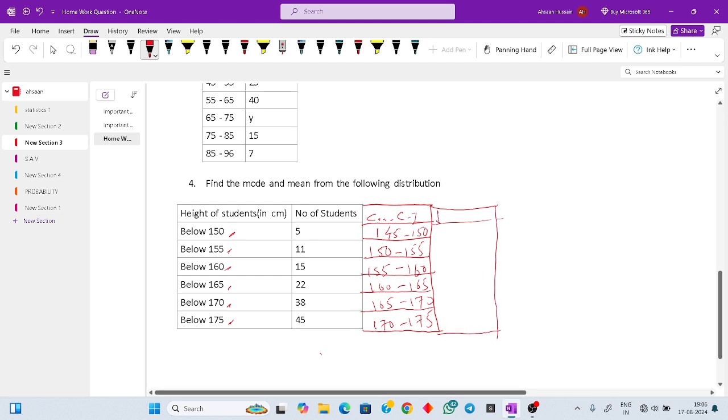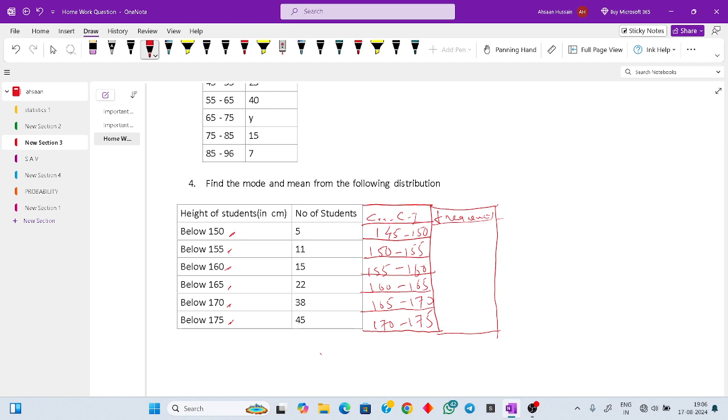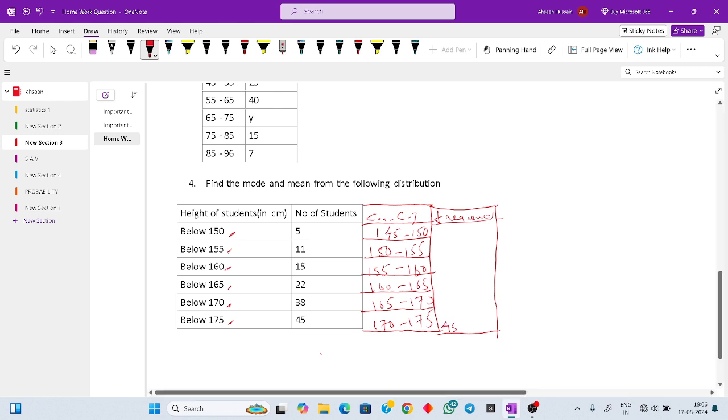So the frequency will be, now it is a below question, right? So you have to subtract from below. So 45 minus 38 will give how much? 7. Then again 38 minus 22 will give 16.